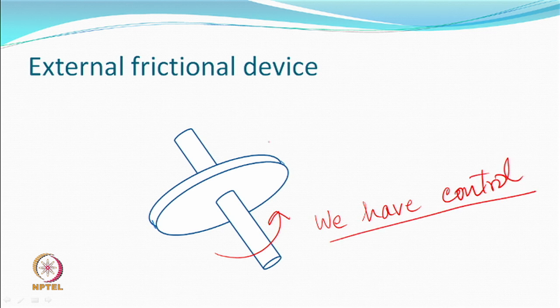But the yarn which will be rotating along with this, we may not have any control on how fast the yarn is rotating. Therefore, we say we have no positive control on twist.